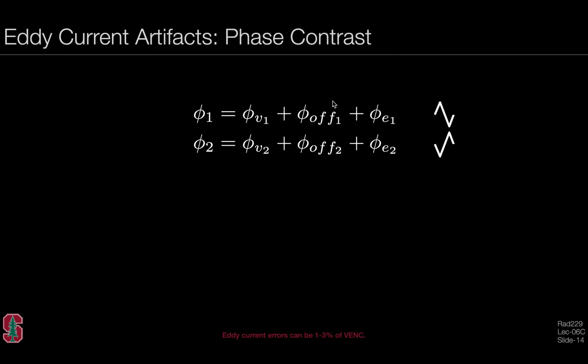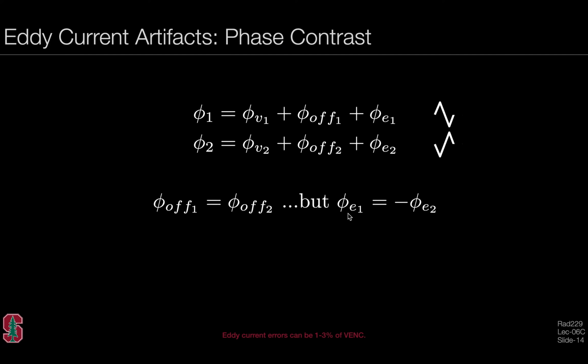So when we do that first bipolar experiment, we're encoding some phase that includes velocity information. It still includes off-resonance information, and because of these slewing gradients, we'll generate some eddy currents as well. And in the second experiment, we will also measure a velocity that's proportional to the phase. We'll get a similar amount of off-resonance, and we'll also get some eddy current phase. Now, what makes this problem especially tricky is that the off-resonance phases will be similar, and that's largely dictated by the echo times.